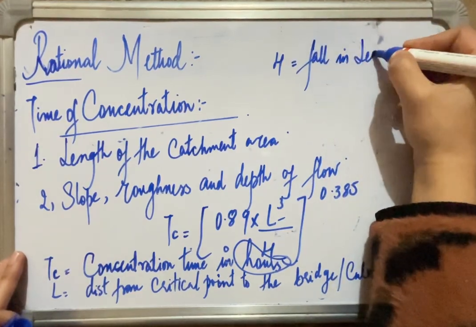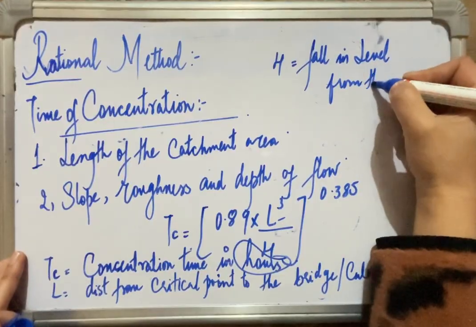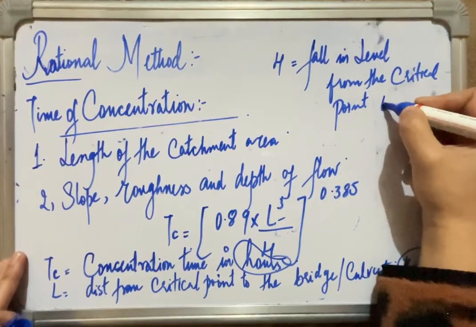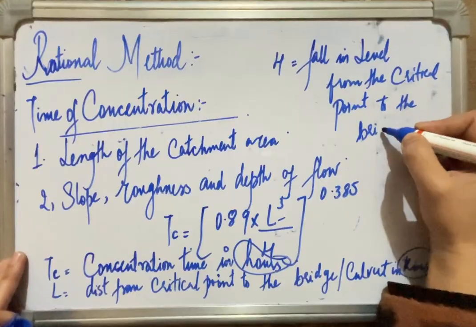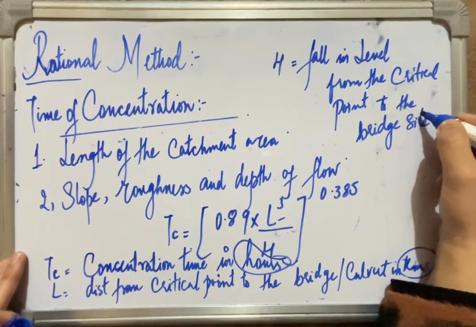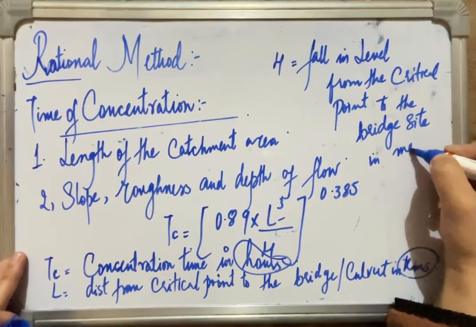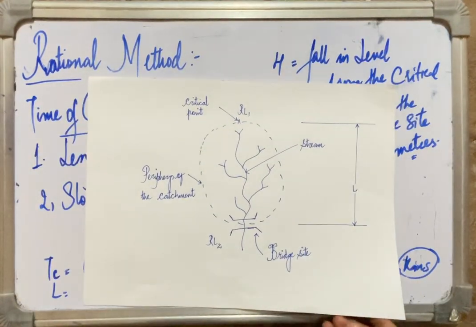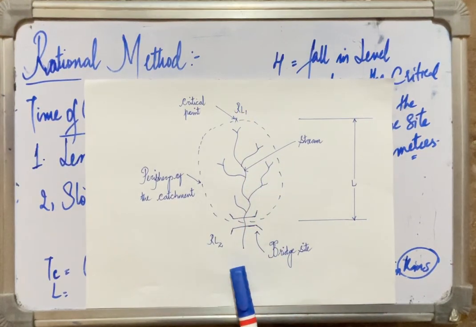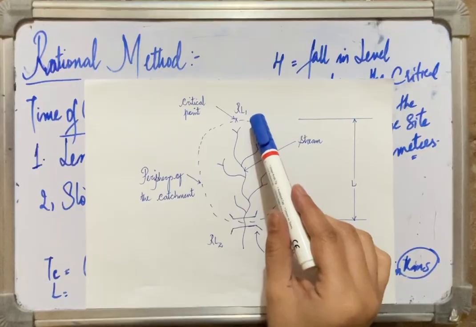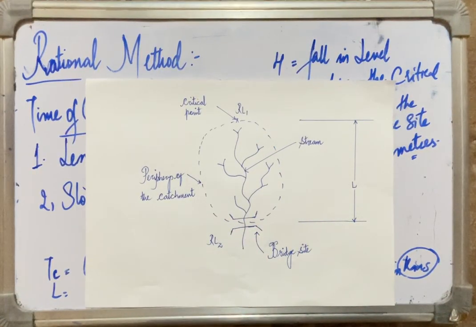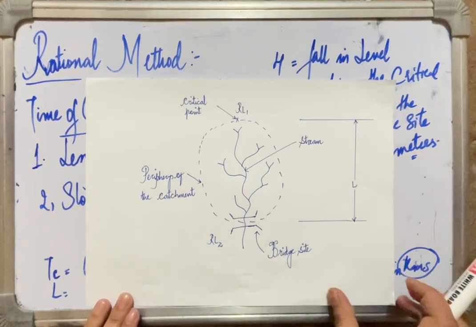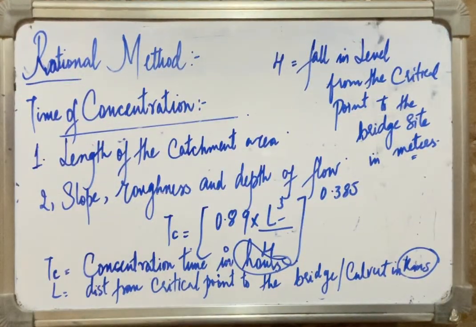Let me show you this in a diagram. This is the critical point, this is the bridge site or the culvert site. This has some reduced level, let us suppose RL1. This has some level RL2. So the fall in level from the critical point to the bridge site in meters is H in our formula for finding the time of concentration of that particular catchment area.